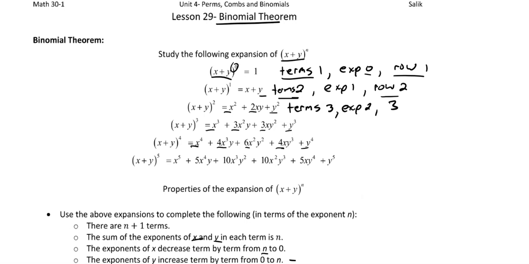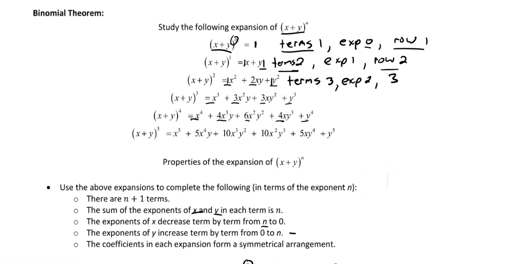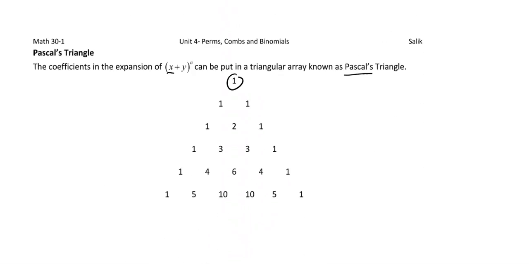And if we just look at the coefficients, so 1, and then here we've got 1 and 1, and then 1, 2, and 1. Well, that's the same pattern we've got going on here, right? So same thing there. Now, what is happening here? Well, the pattern I'm starting to see is that if we took this one plus this one and added them, we get 2.